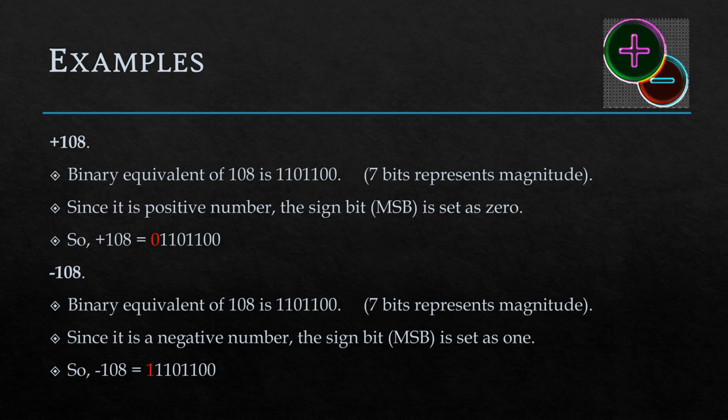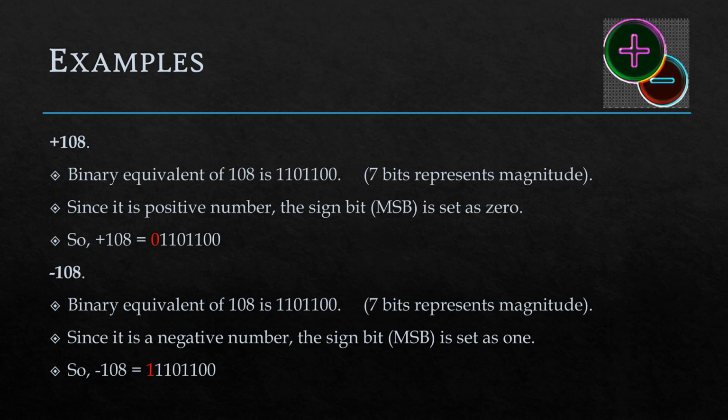Since it is a positive number, the sign bit, that is the MSB, is set as 0. So plus 108 can be represented in sign and magnitude form as 0 110 1100. That MSB 0 represents that it is a positive number.